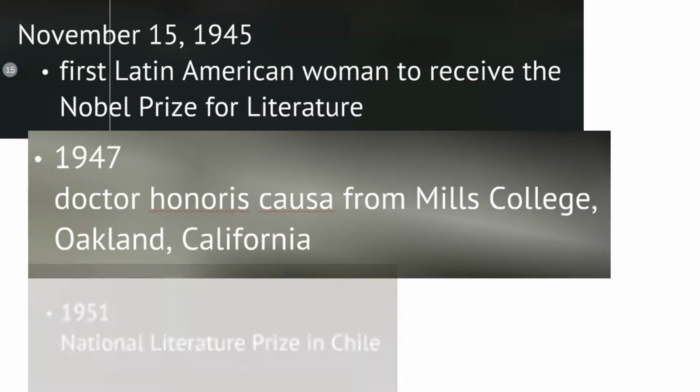What does Doctor Honoris Causa mean? It is an honorary doctorate degree awarded to somebody who, even though they did not finish college or master's, was able to practice the principles of a particular field of study.